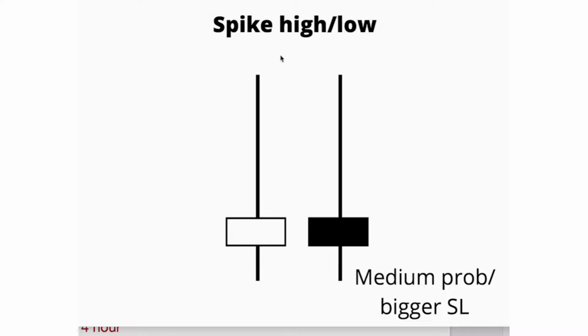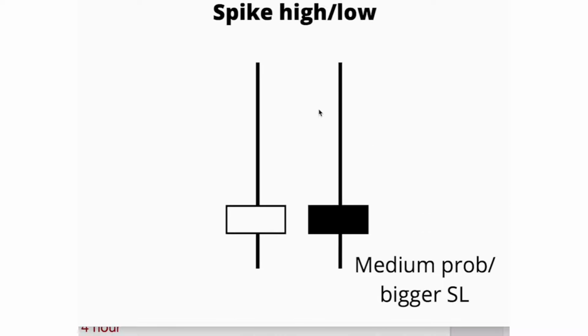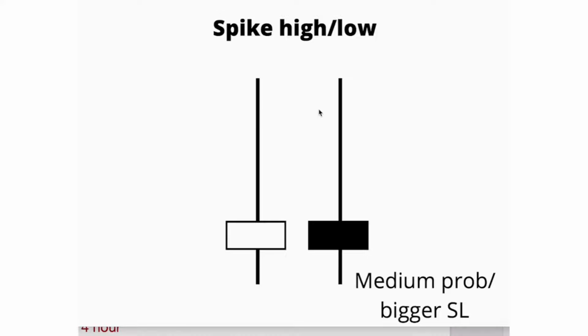These are spike highs that take place at the top of a trend, and you'll be looking to sell at the close of any of these candles, either of these, with a stop loss above the highs or the top of these wicks. At the bottom of a trend, if we're looking to buy, these would just be upside down. I haven't got those there, but they would then be spike lows.